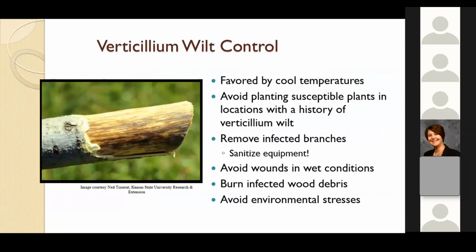But if you are pruning to remove the diseased tissue, make sure you're disinfecting your tools between cuts so that you're not spreading the fungus. Also, if you do have the infected wood, make sure to burn it. That's the only way to kill this fungus. And verticillium wilt is much worse when there are other environmental stresses going on.